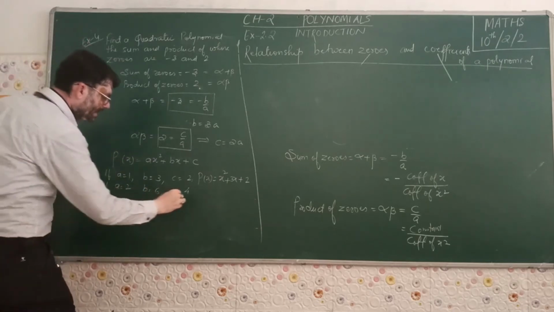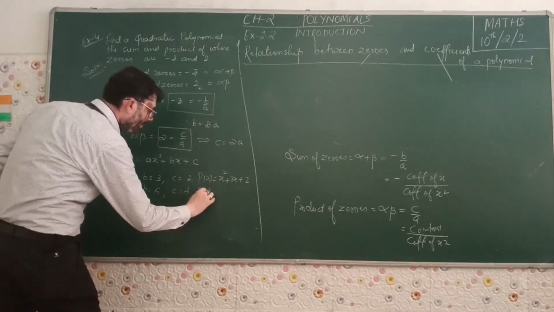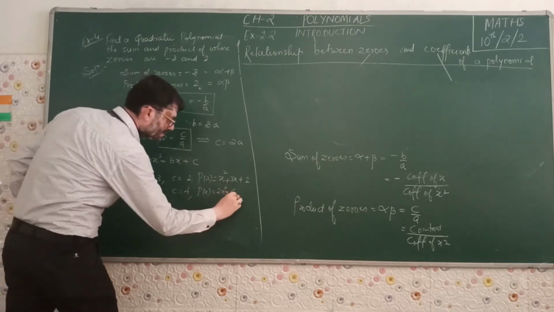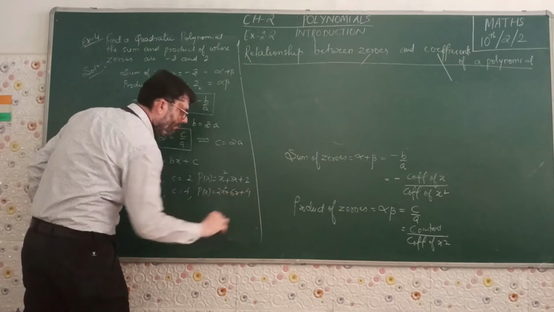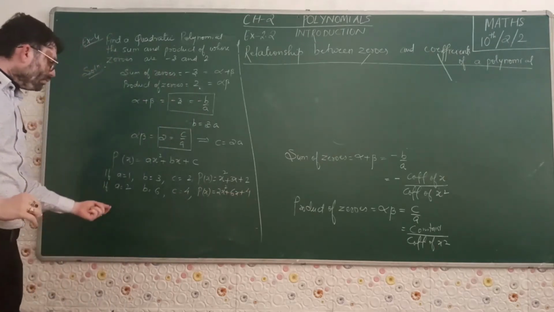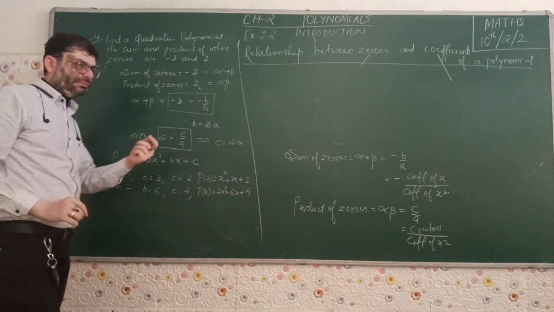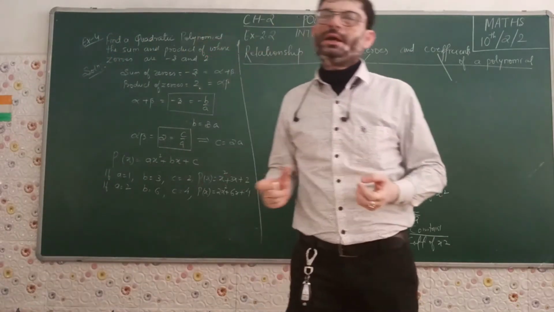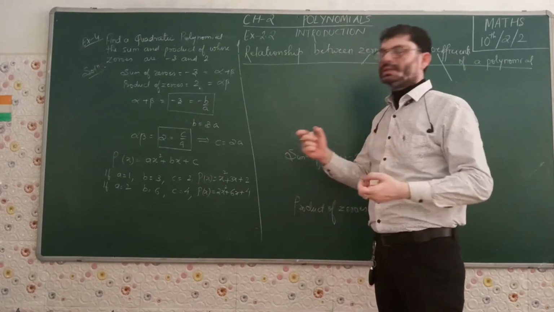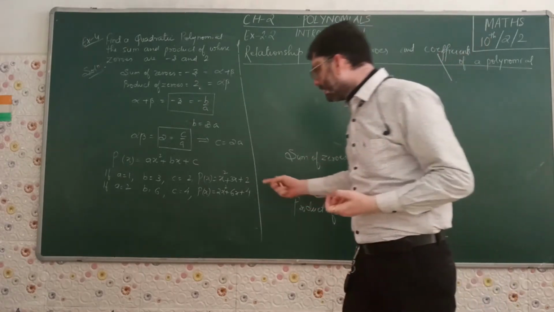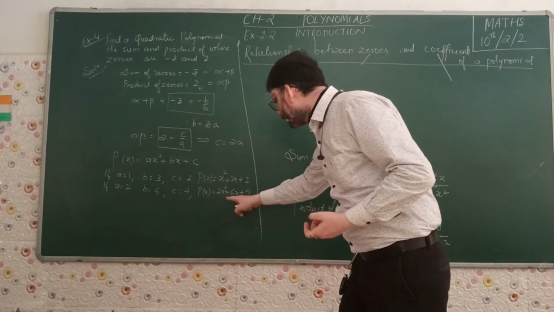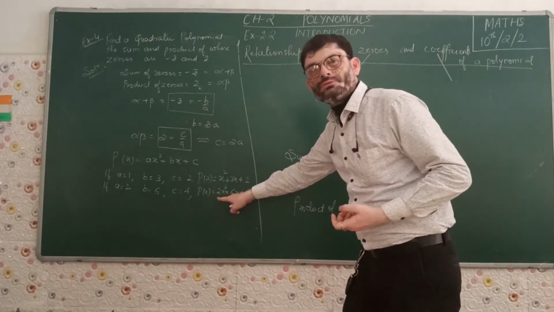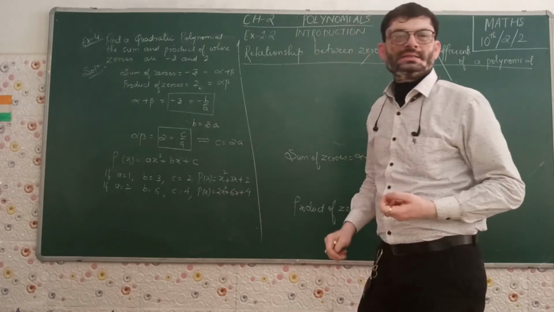Now you will have a new polynomial, p of x is equal to 2x squared plus 6x plus 4. You can now take a equals to 3. The number of times you change the value of a, you will get that number of quadratic polynomials, and each one is related to the other. Suppose you see this one, if you take out 2 common here, you will get the same as this one with a multiple of 2. That means the coefficients are just the doubles.